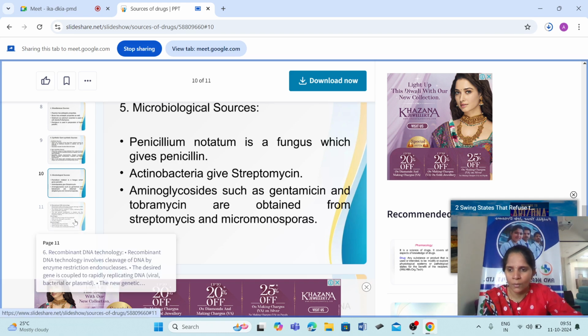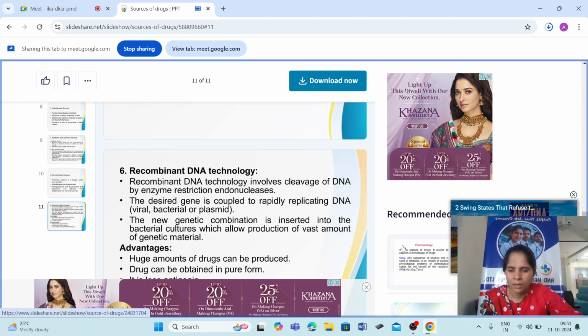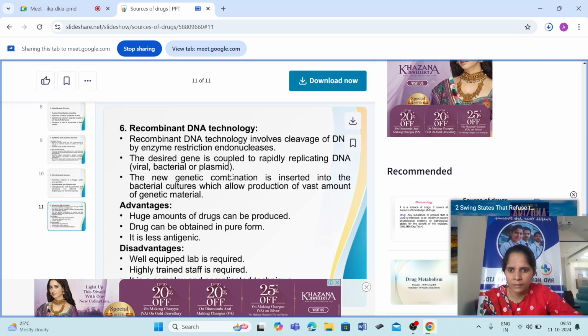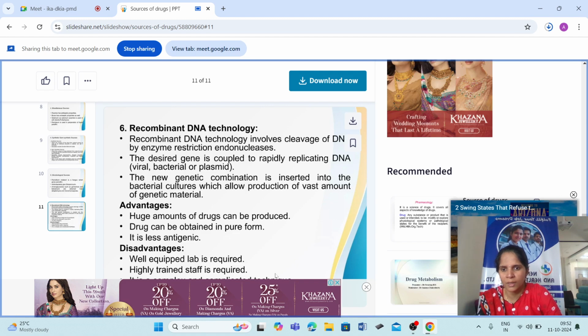Okay. And next we have recombinant DNA technology. What is this recombinant DNA technology? Here you will have one DNA, and that DNA segment will be cut using enzymes like restriction endonucleases. Once it is cut, you are going to attach the desired DNA.